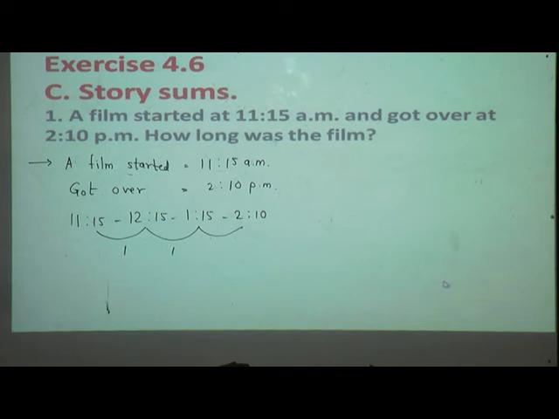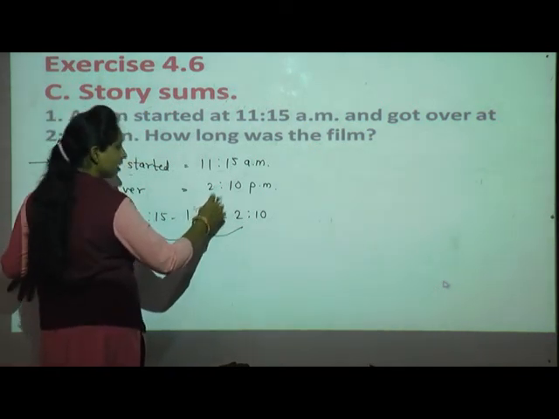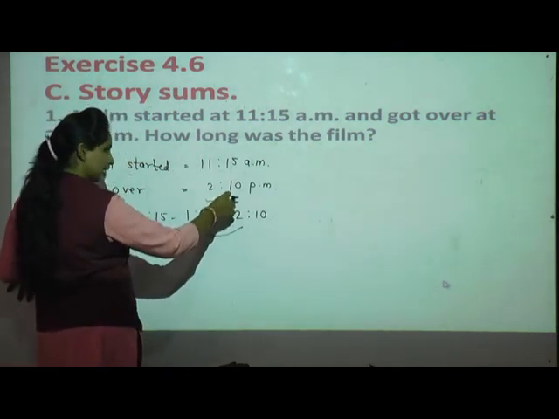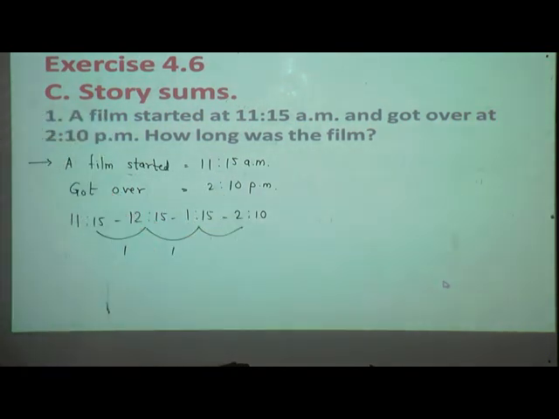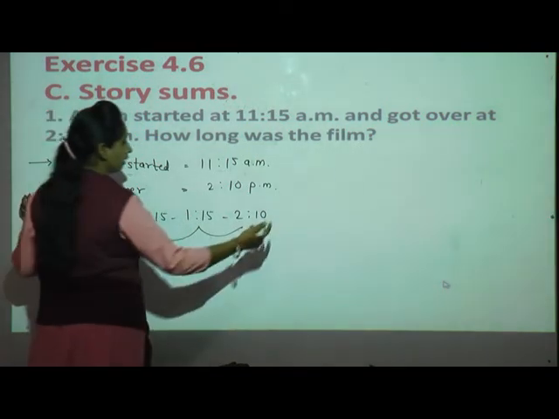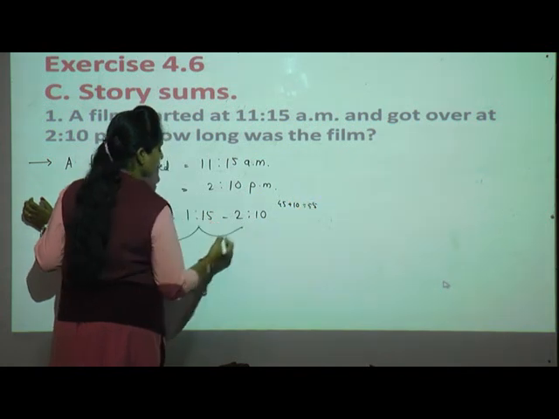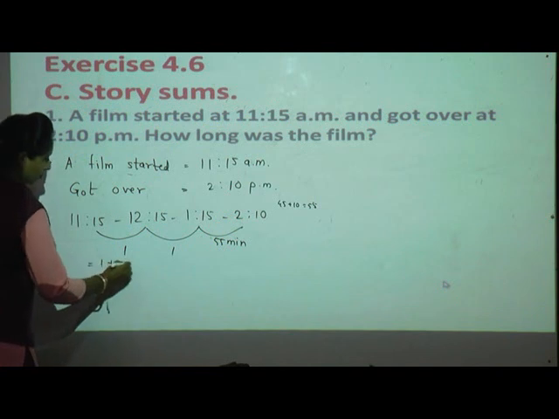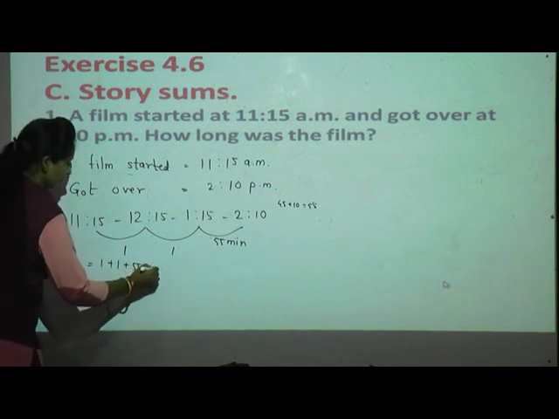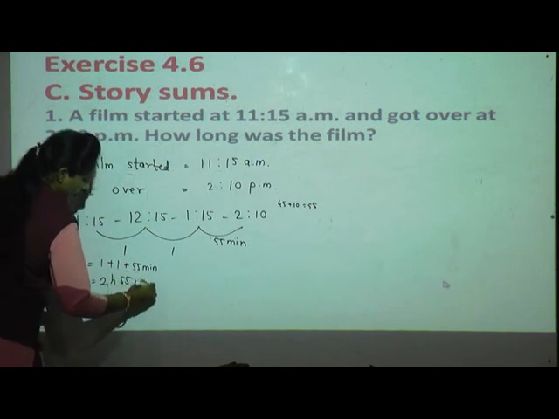Yes, tell me. 1:15 after 15 minutes, 1:30 will come, then 1:30 to 2 o'clock, yes, 45 minutes, then after that add 10 minutes. If we add 45 plus 10, 55, so here how many minutes are there? 55 minutes. So when we add together 1 plus 1 plus 55 minutes, it means 2 hours 55 minutes.